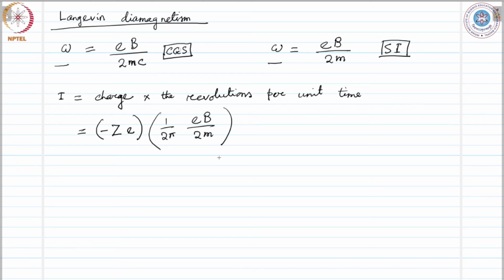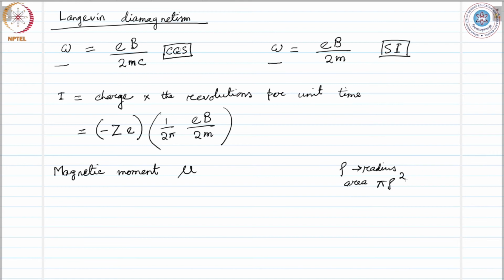So the magnetic moment, that is mu, of a current loop is given by current times the area of the loop. If we have a radius rho of the loop, then the area is pi times rho squared.